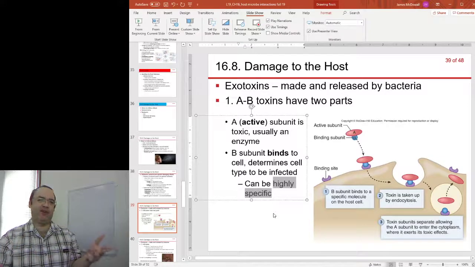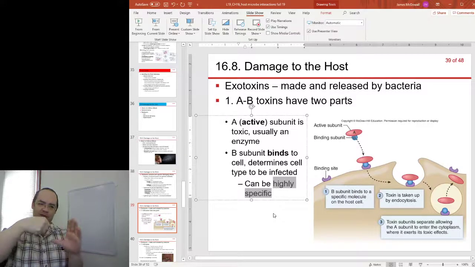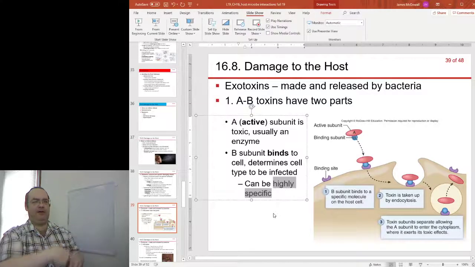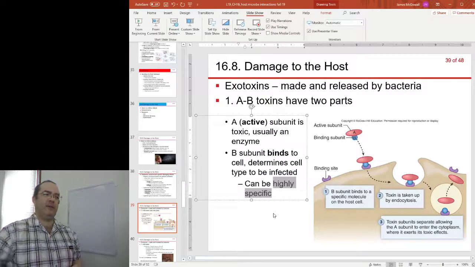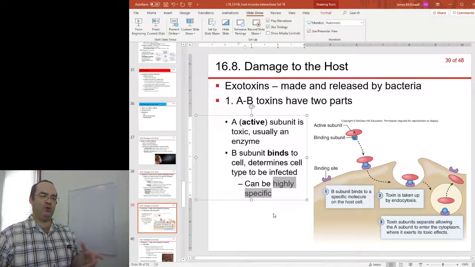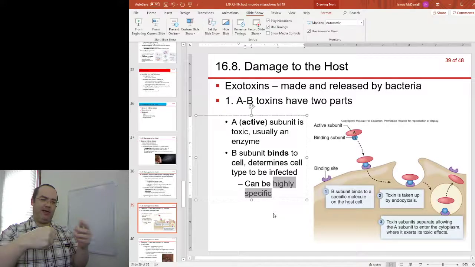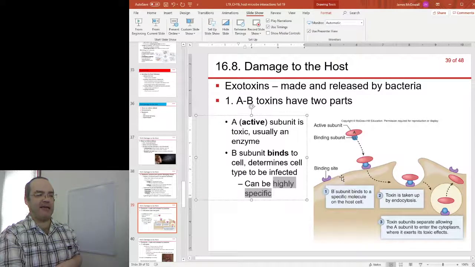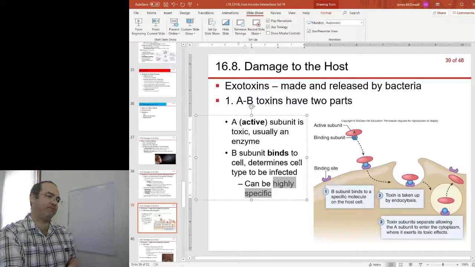So a respiratory infection that's going to produce an AB toxin has the B part that sticks into the respiratory binding sites on respiratory cells, and an enteric bacteria that is going to infect the intestines will have a different B unit, because it's going to fit into the binding site that's on the surface of intestinal cells.